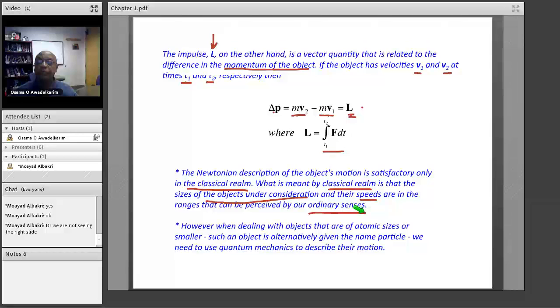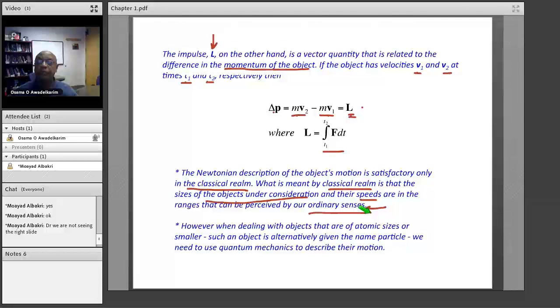However, in electrical engineering, things are somewhat different, particularly when we talk about nanoelectronics or nanotechnology or objects that are very small that we cannot see with our eyes, like electrons, for instance. Classical mechanics becomes a bit of a disadvantage.